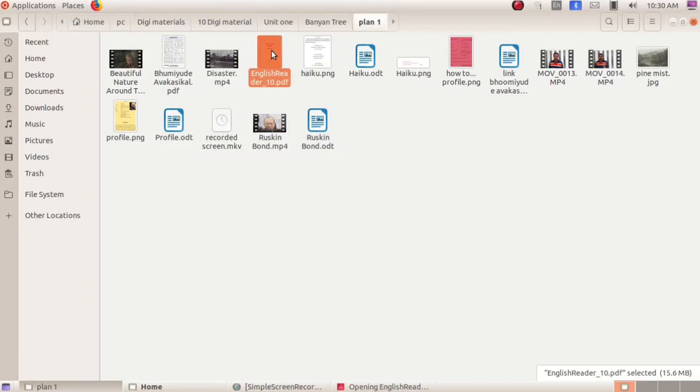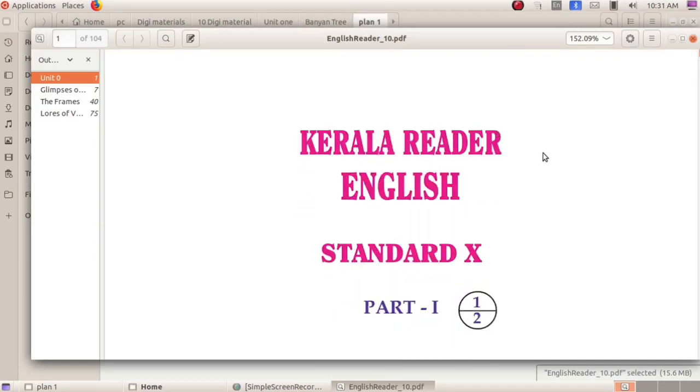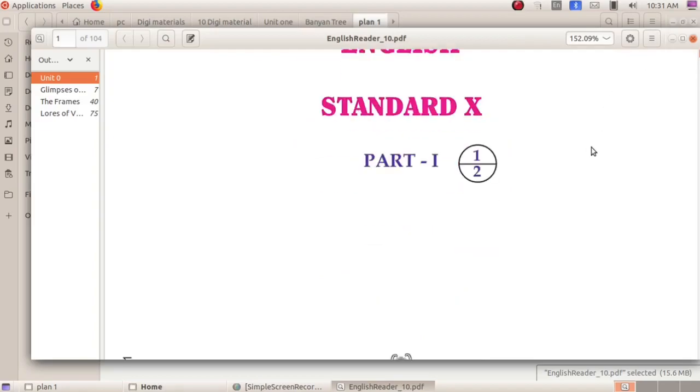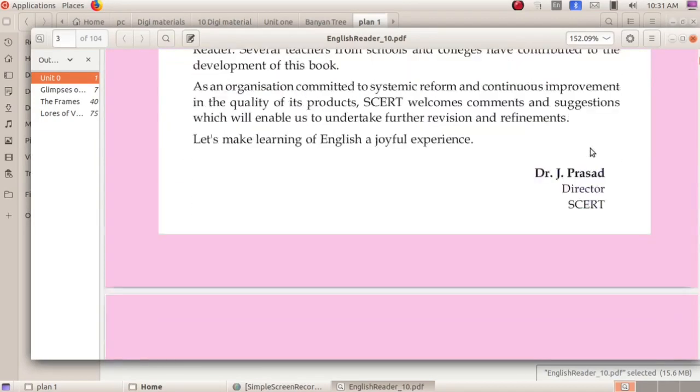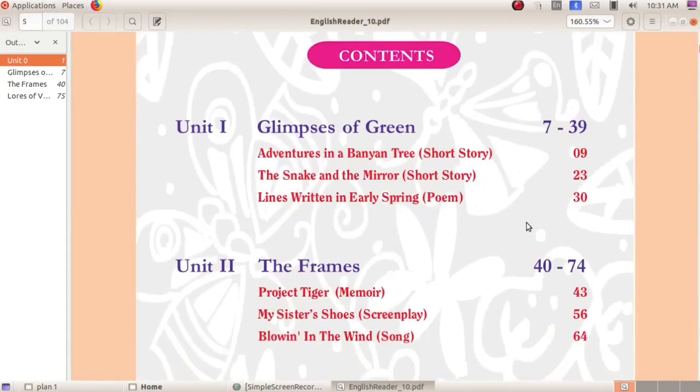From your textbook, if you take page number 7, you can see it. If you have no textbook, you may go to the soft copy of the textbook you downloaded from Samagra. Here we have the textbook. Look at Unit 1, Glimpses of Green.